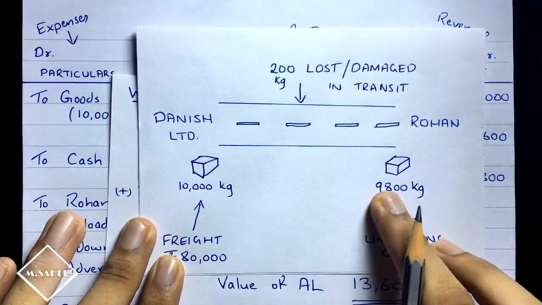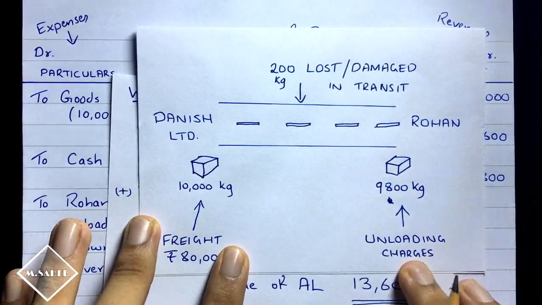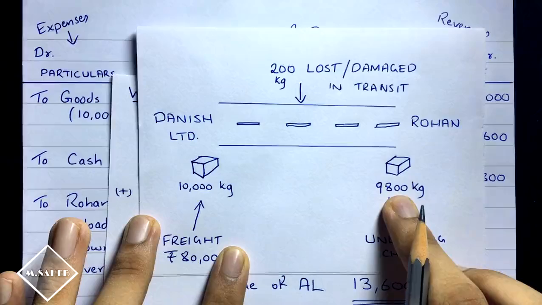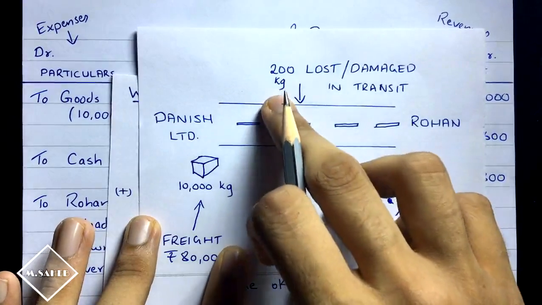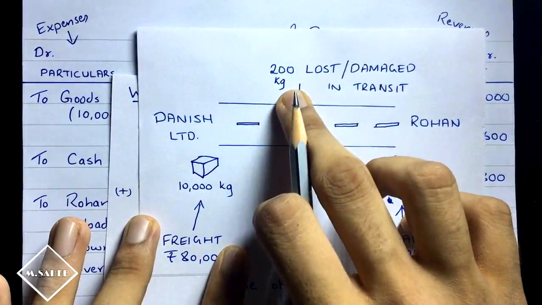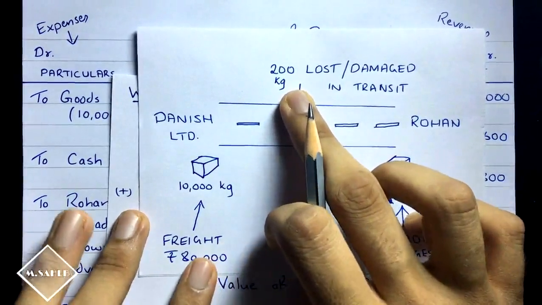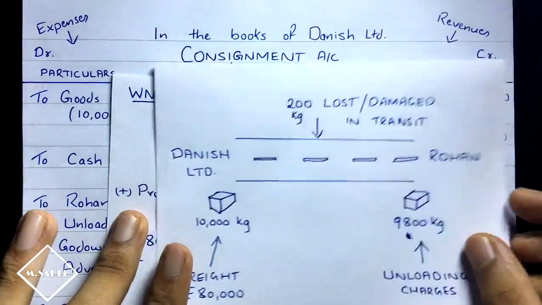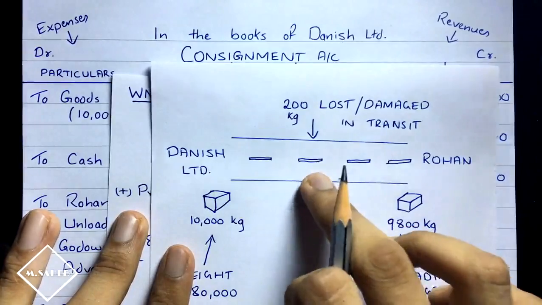Only 9,800 kg, and then he incurred an expense on unloading charges on only these 9,800. So on this 200 kg there was no unloading charges expense incurred, right? So you have to ignore unloading charges in the valuation of abnormal loss, because this abnormal loss happened in transit.